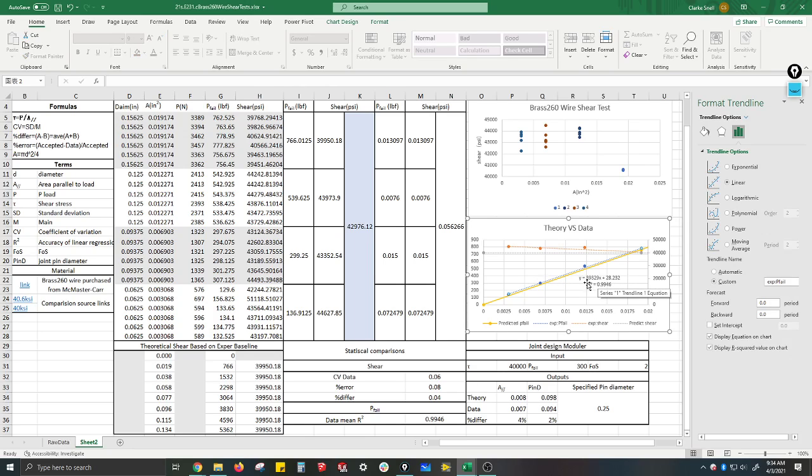And we could use that then. So since y is P and x is the area, we can use this equation to output an area, right? You can solve for x and then get a pin diameter there. And I did that, and we found that we had a pretty close correlation.